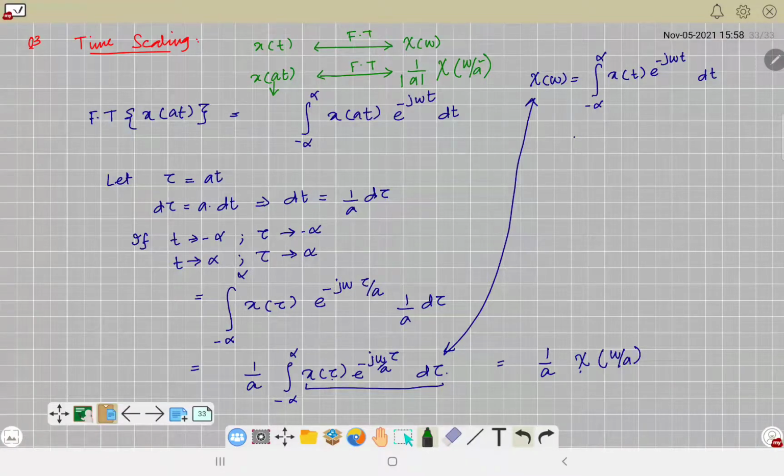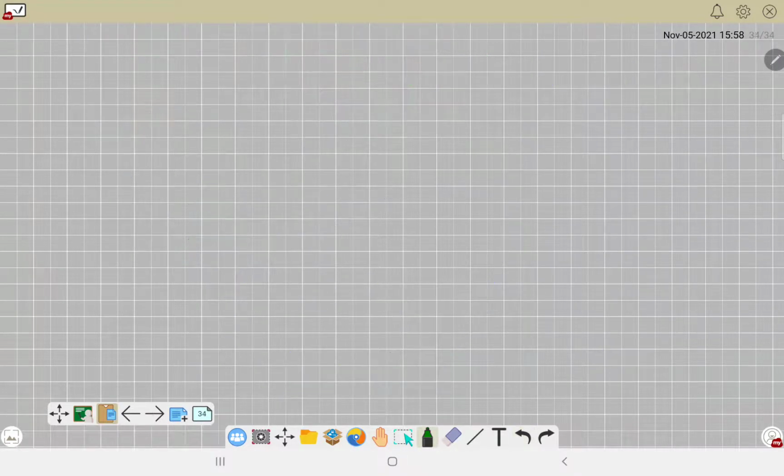Now from here we can have the time reversal property also. From time scaling we know that if I have x of t, it transforms to X of omega under Fourier transform. Then if I scale it, x of at, it will be 1 upon a X of omega by a.